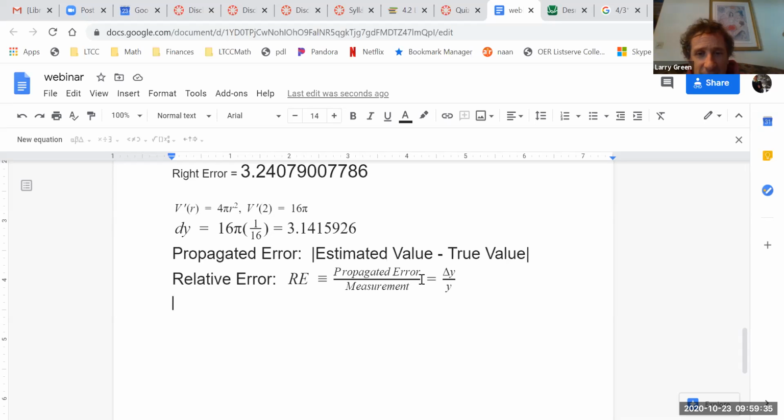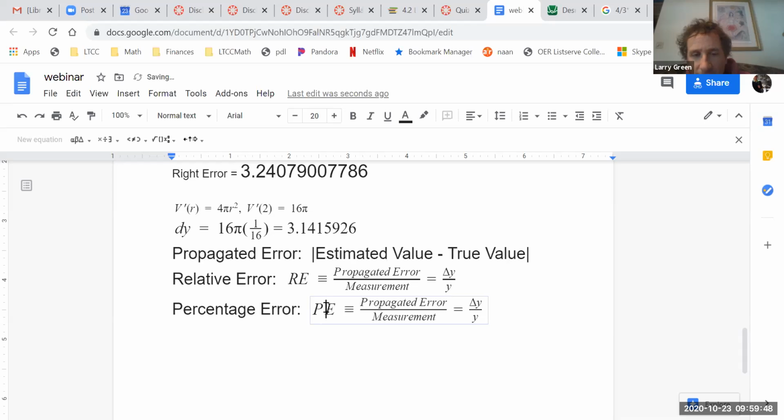Okay, and then finally, there's a percentage error. The percentage error is very easy once you understand relative error. I'll just call it percent E. And that's going to be the propagated error divided by the measurement, and this is easy, times 100.